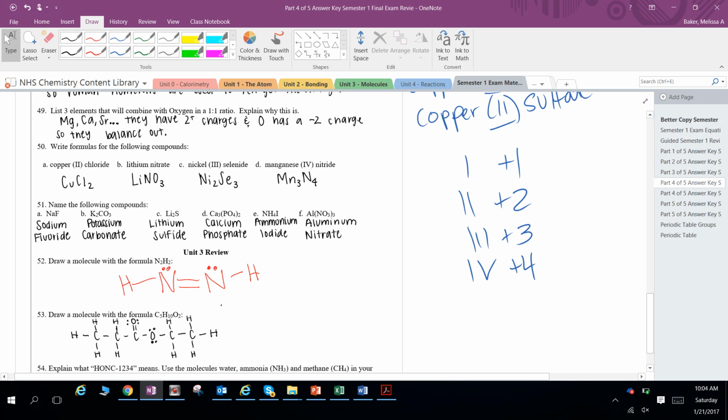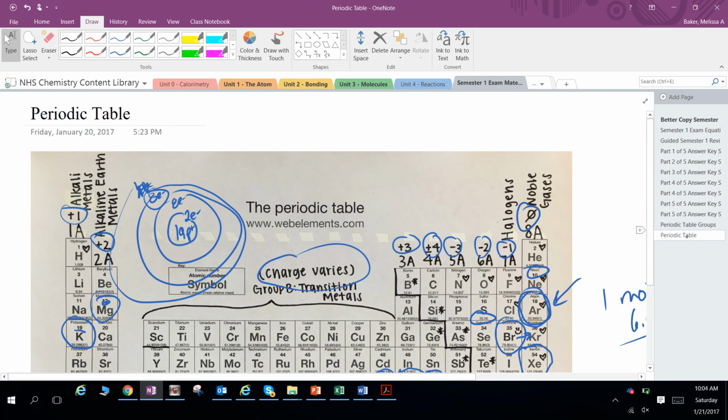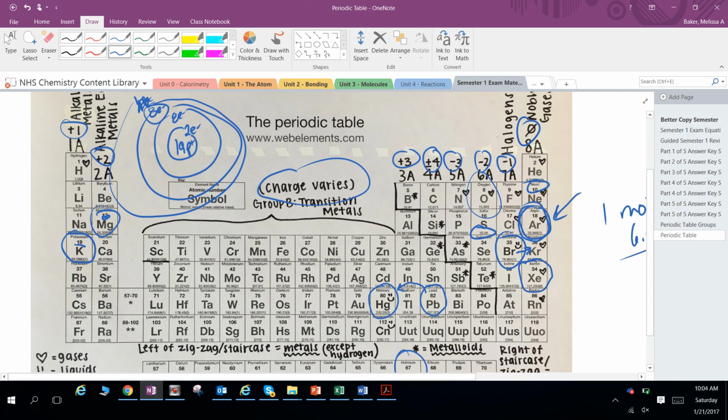List some elements that would be a perfect match for oxygen and form a 1-to-1 ratio, meaning not something where you have to crisscross the charges. So oxygen would really, really like to gain 2 electrons to be like neon. So you have to think, what group of elements would really all like to lose 2 electrons to be like a noble gas?